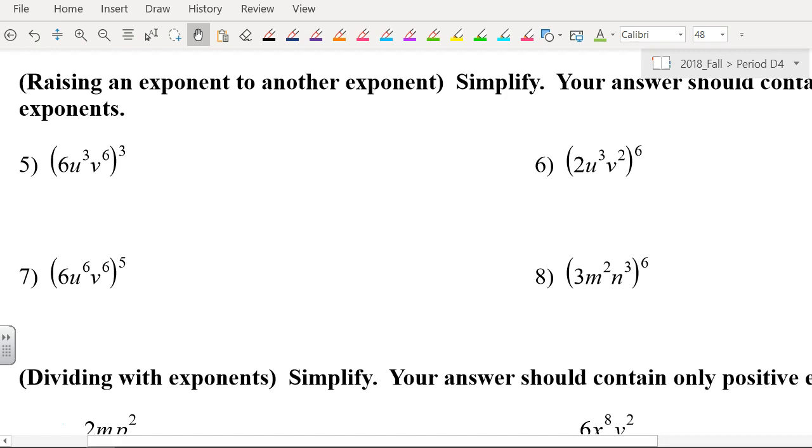All right, so let's just do number 5. What color do you want? Purple. Okay, let's do purple. So you're gonna write 6 u's and 3 v's, u, u, u, v, v. How many? 6. Okay, 1, 2, 3, 4, 5, 6.